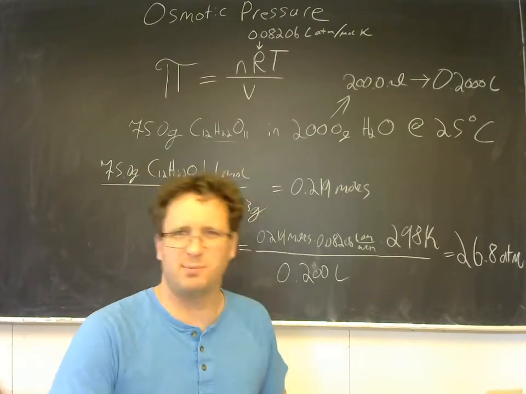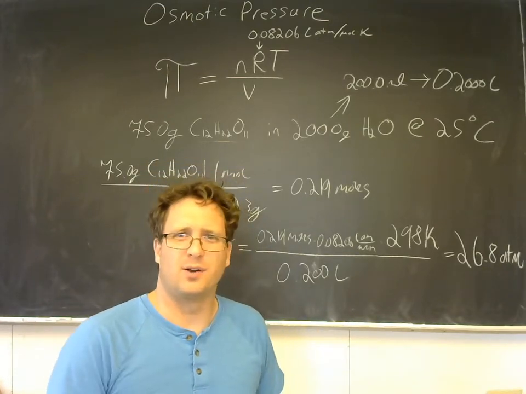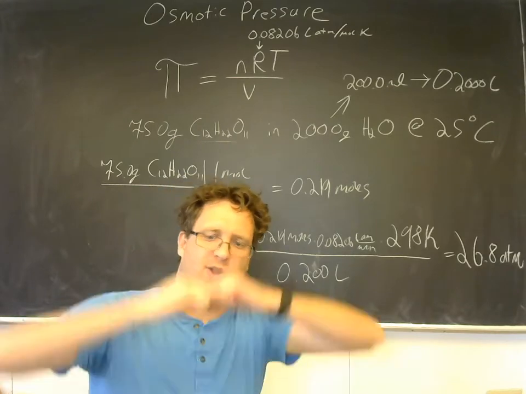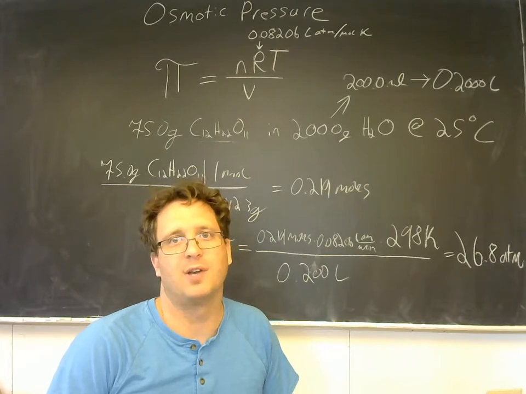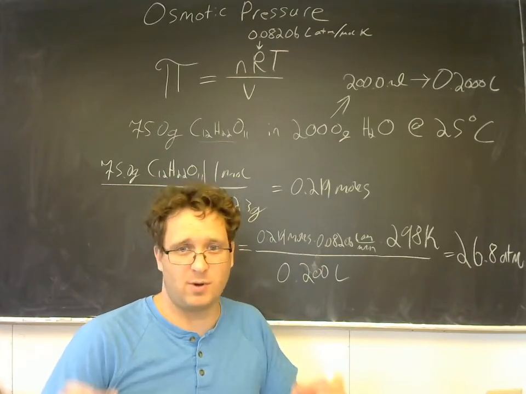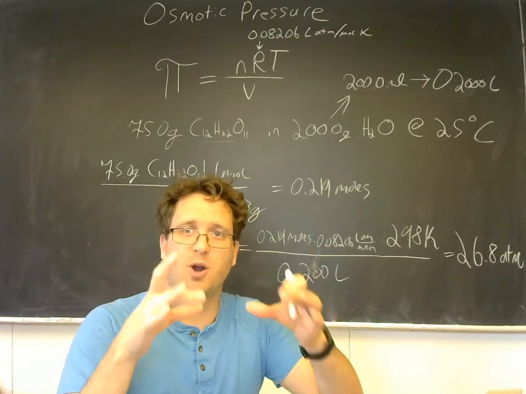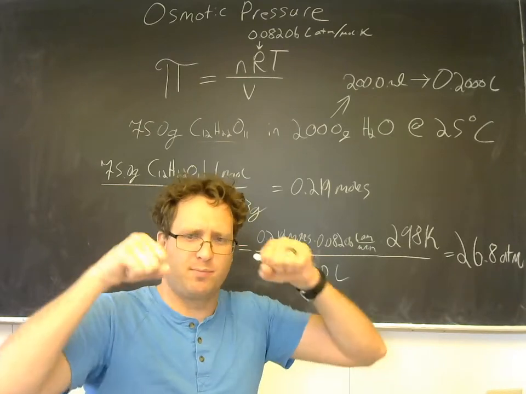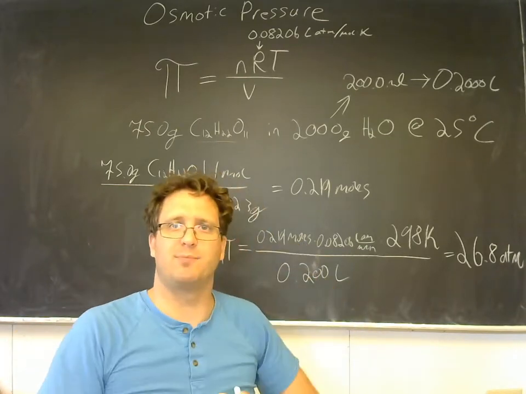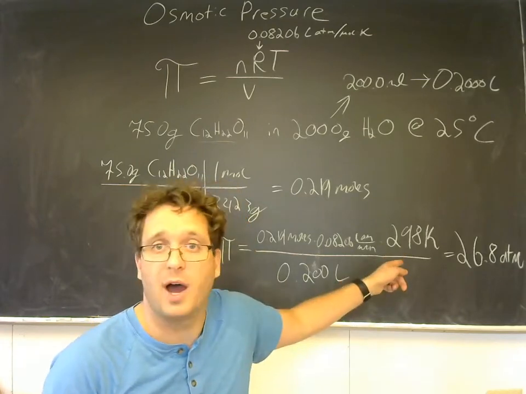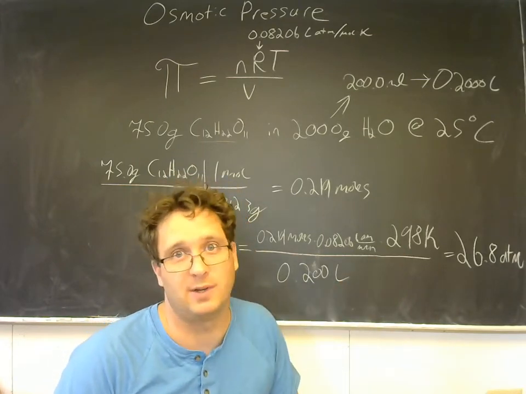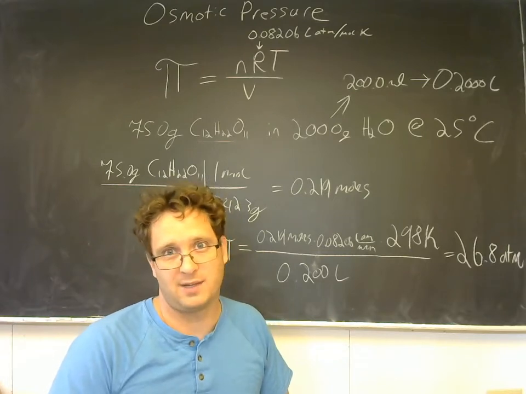Now that doesn't mean that your sugar water is going to fly out of the cup with the force of 26.8 atmospheres. But what it does mean is that if you wanted to put a selectively permeable membrane and press down on it to generate pure water through reverse osmosis, then you would need to apply a pressure of 26.8 atmospheres in order to accomplish that.